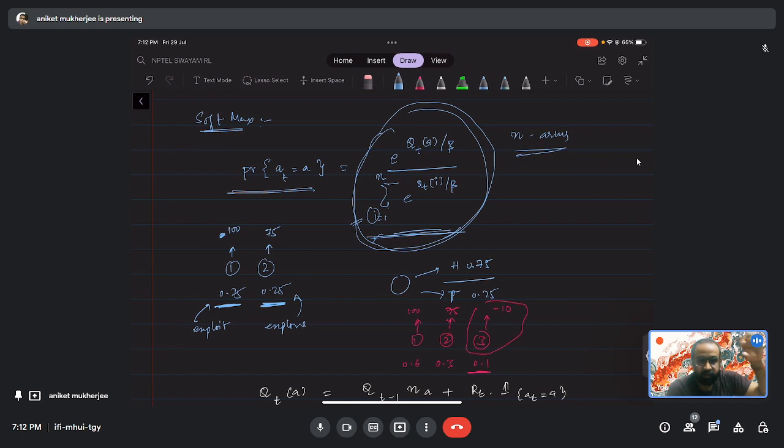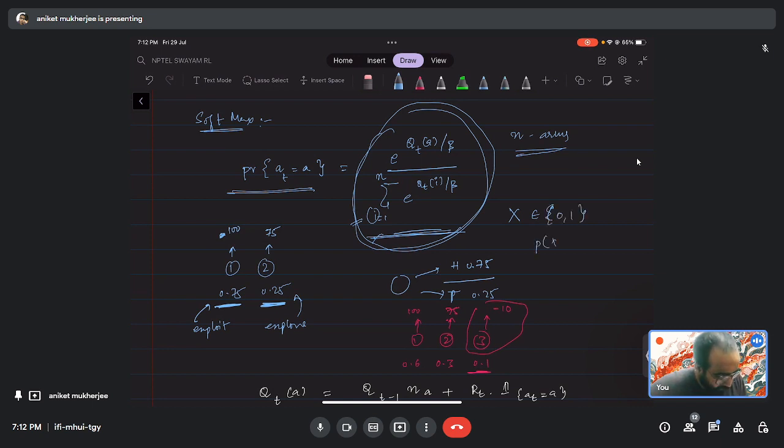Now, given a discrete probability distribution, suppose I have x as a random variable which can take values 0 and 1.